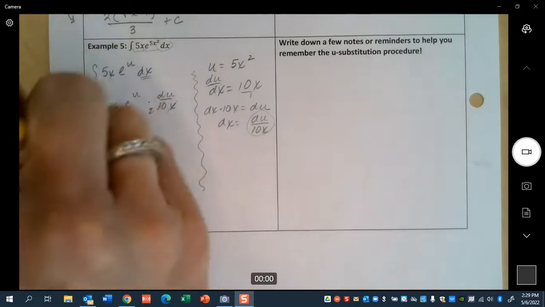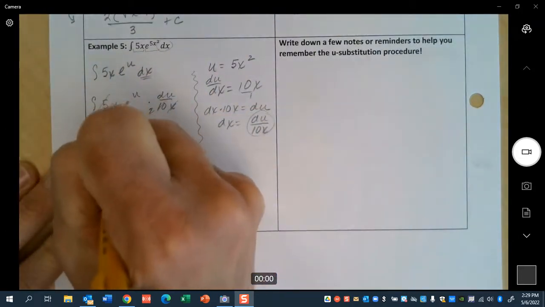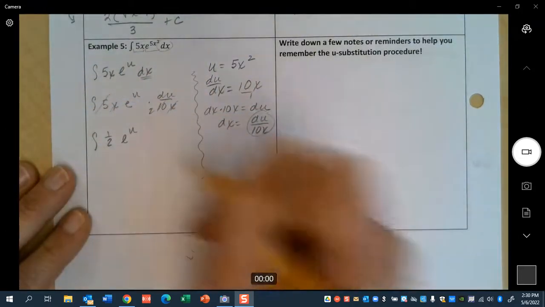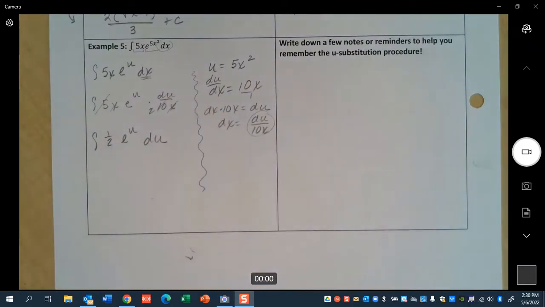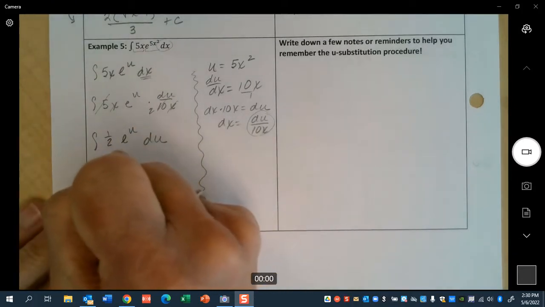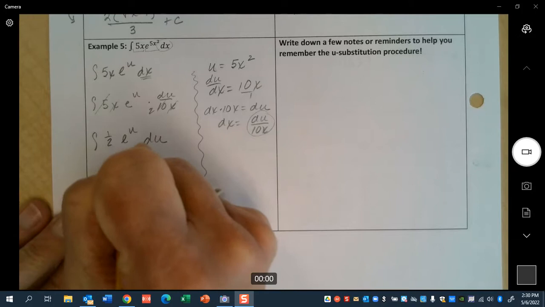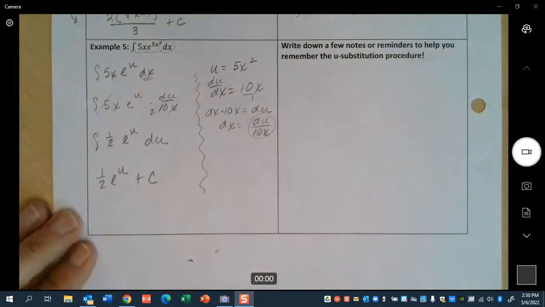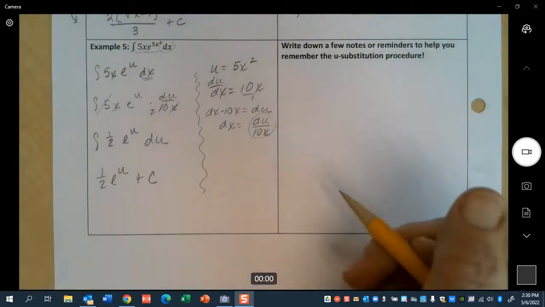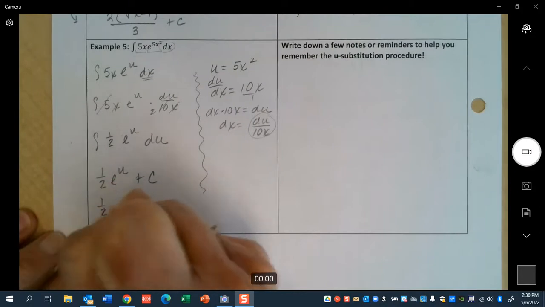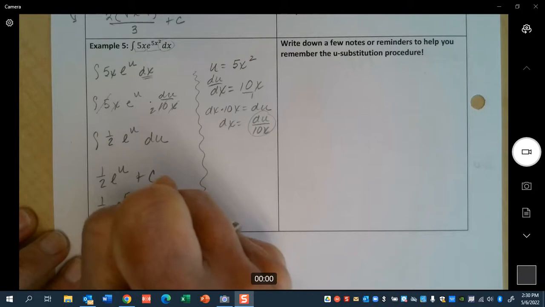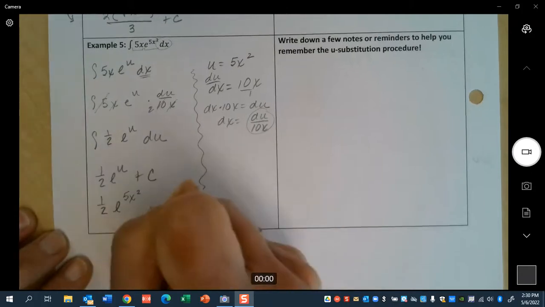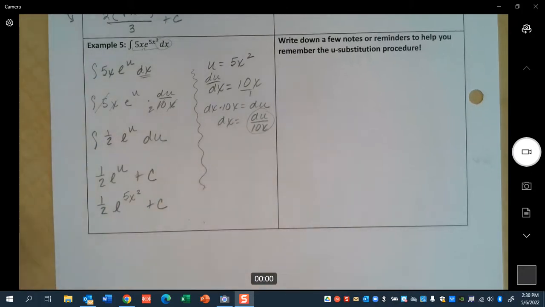Let's put my 1/2 in there. Let's bring that out. 1/2 e to the u du. What's the integral of e to the u? E to the u. One half e to the 5x squared plus c.